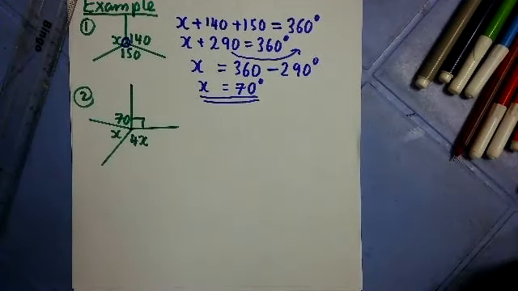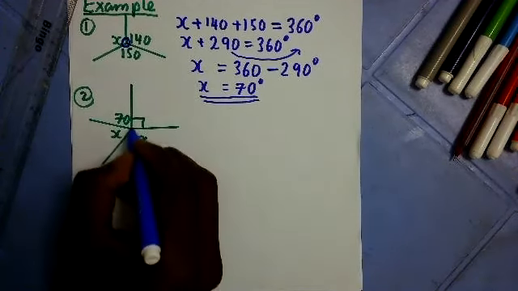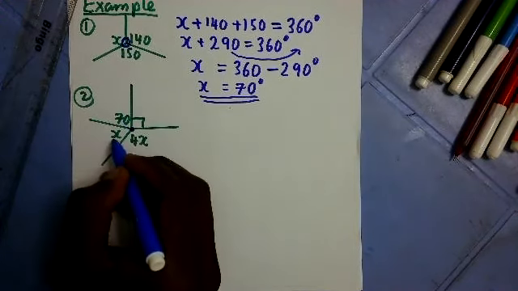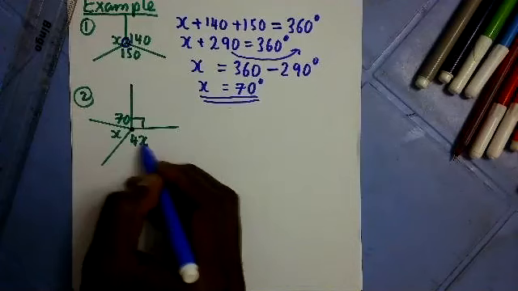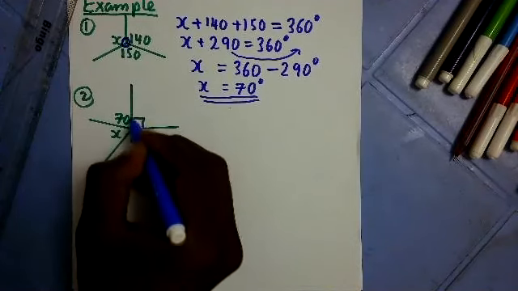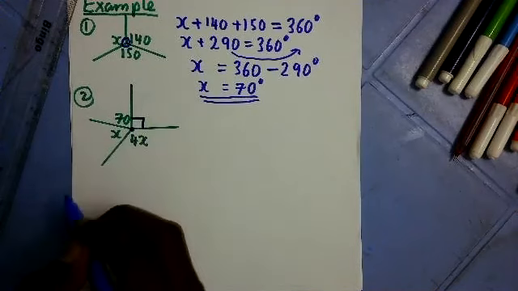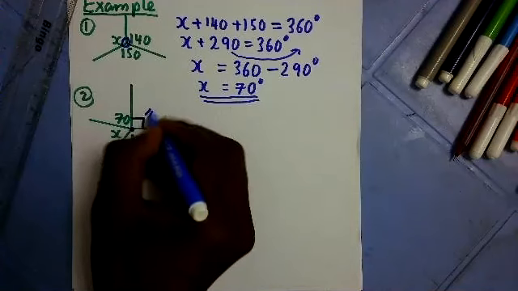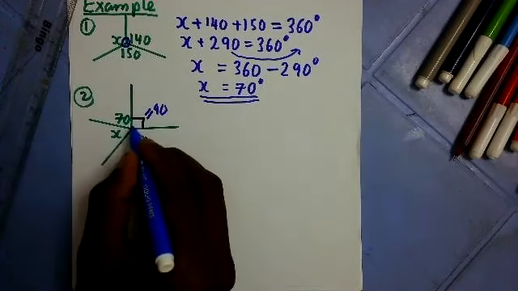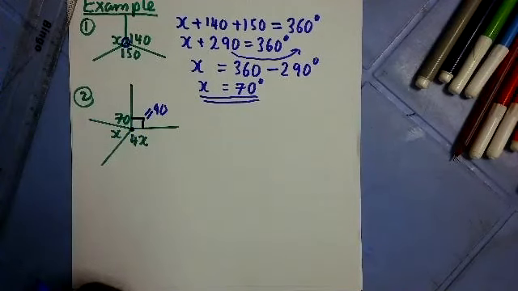When you look at this question, we are given a point, we are given 70, we are given X, we are given 4X. In this part, we are not given any value, we are given a box. But remember, when we began today, we learned the meaning of the box is 90. So we shall take any box like this as 90 degrees.